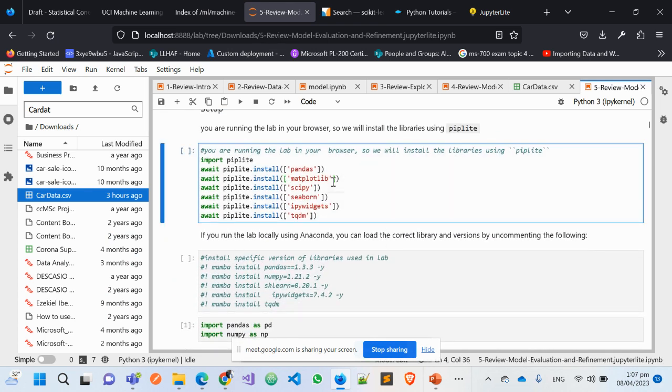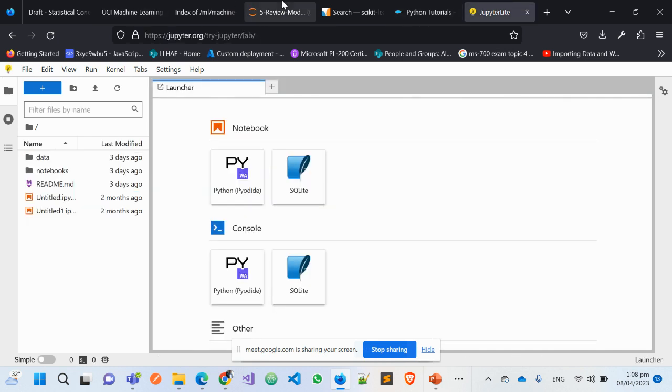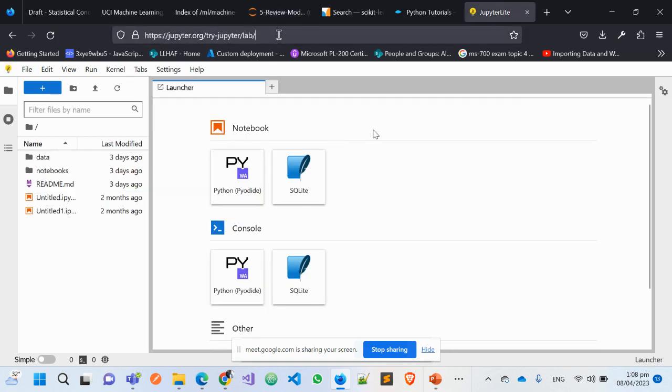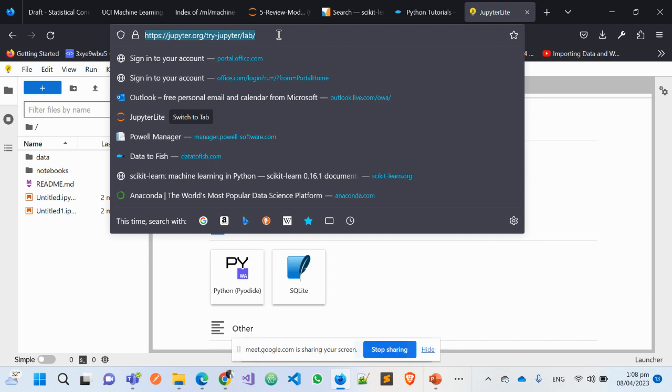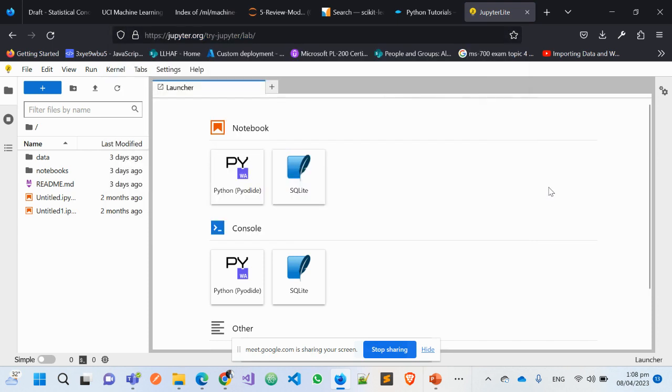Now on this end, we don't need to install these packages, the libraries, as they are already pre-installed within Anaconda Navigator. The Jupyter Lab was pulled out from Anaconda Navigator, as you can read from the comment section here. If you are running on your lab browser, you can install these libraries using pip. So here is the difference: Jupyter Lab from the browser, from the jupyter.org official website, is the same environment as the Jupyter Lab from your Anaconda platform.